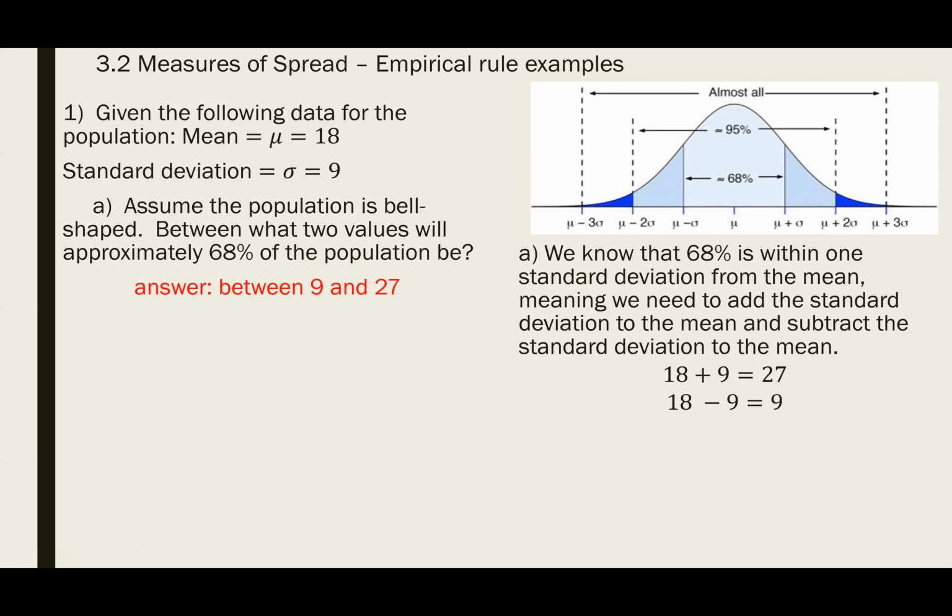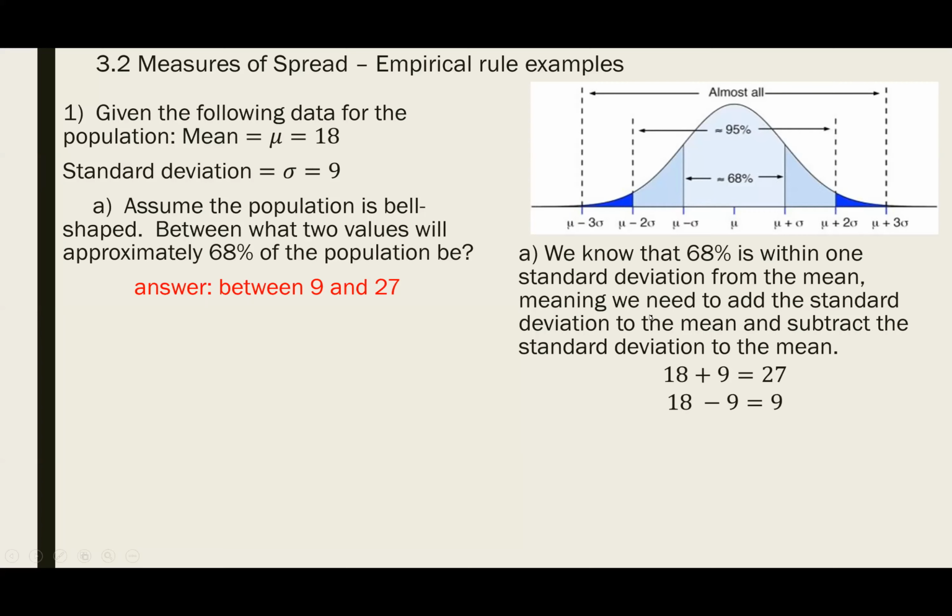And again, you probably say, wait a minute, Mr. Strand, I'm confused about what this standard deviation is versus within one standard deviation. Whenever you read that they say within one standard deviation, think of it as the steps you need to take away from your mean. But each step you take, you have to add the actual unit. This standard deviation right here is the actual unit that we found last time, the data unit that we have.